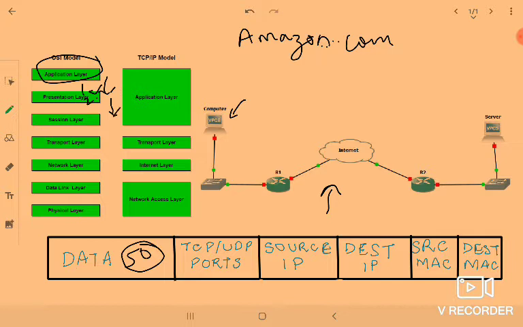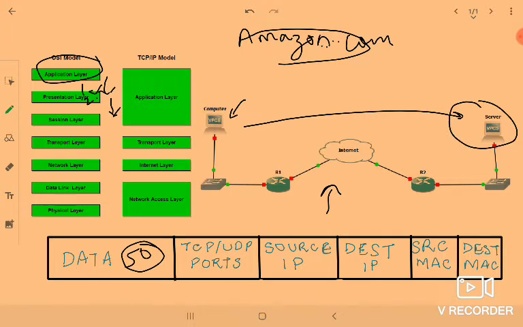Then the information is passed down to the session layer. Of course, when you hit Amazon.com, some sort of connection was established from your computer to the Amazon server, right? Those sessions are created, deleted, or maintained at the session layer.